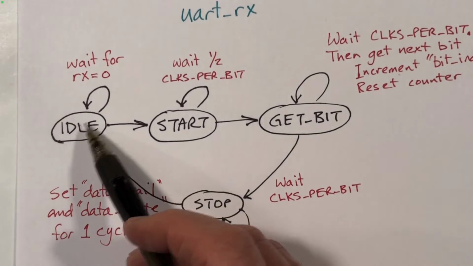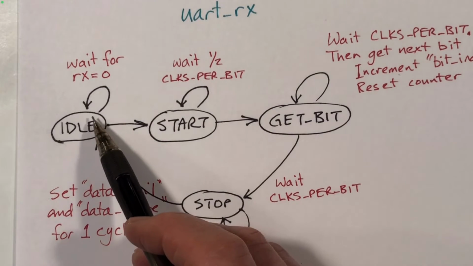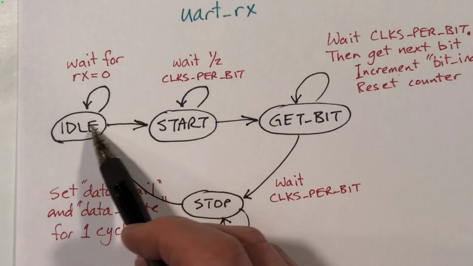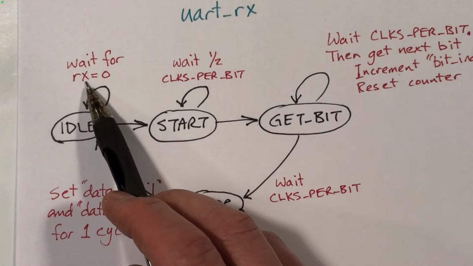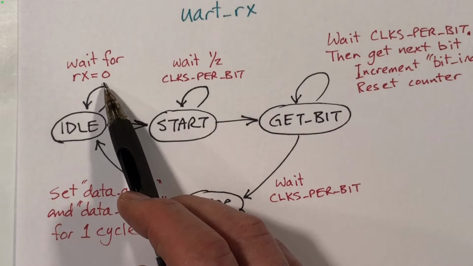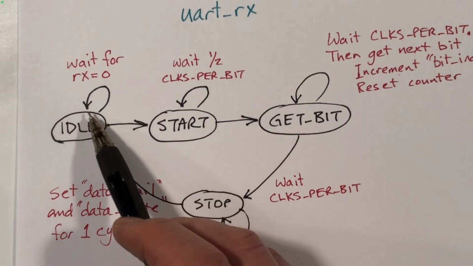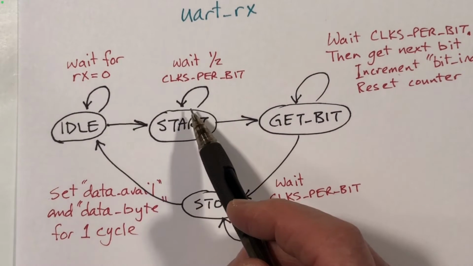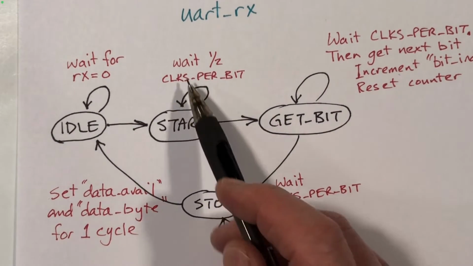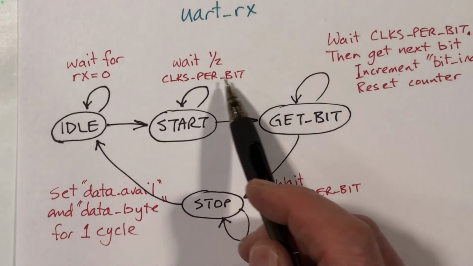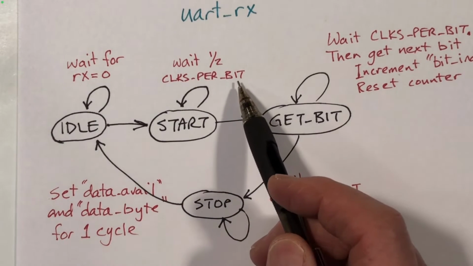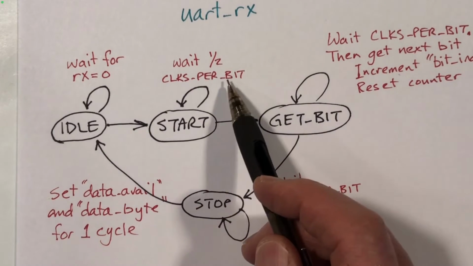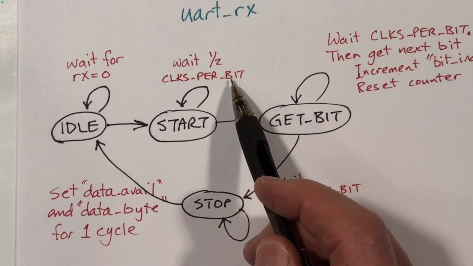So more precisely, let's look at what happens in the idle state. Basically, it stays in this state waiting for the RX input to go low to indicate the beginning of the start bit. And then it goes into the start state, and it stays in that state waiting for 1/2 of clocks per bit. Our clocks per bit value is 543, so we have to wait for 1/2 that number of clock cycles.